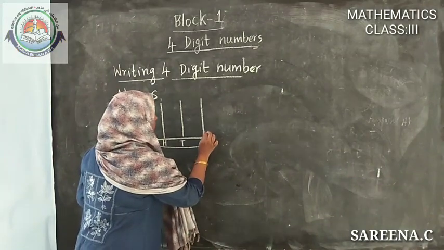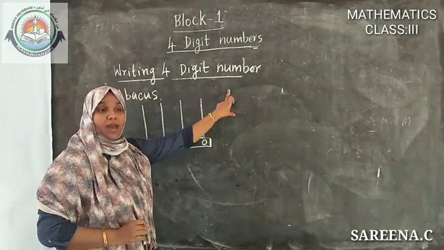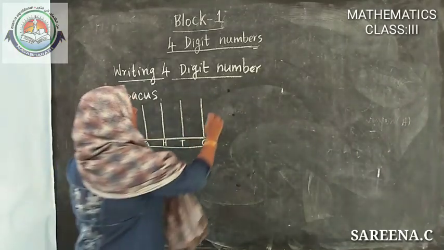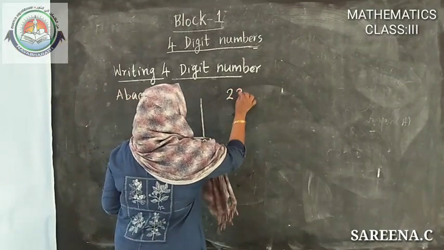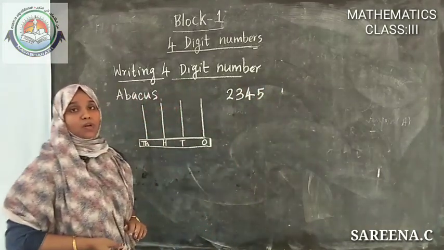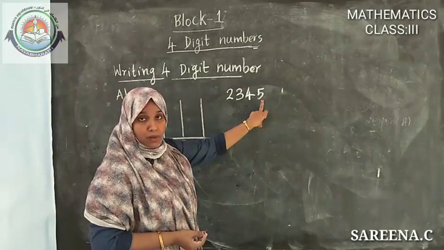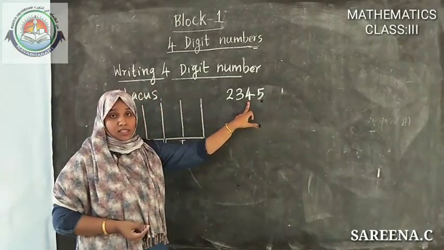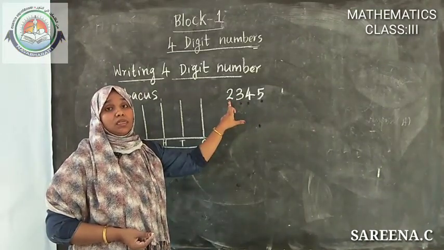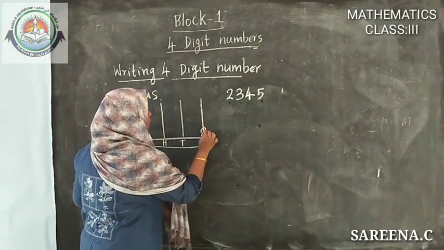I am writing here a 4-digit number, and we can see how to draw its abacus. Suppose our number is 2,345. This 5 is in the ones place, 4 is in the tens place, 3 is in the hundreds place, and 2 is in the thousands place.